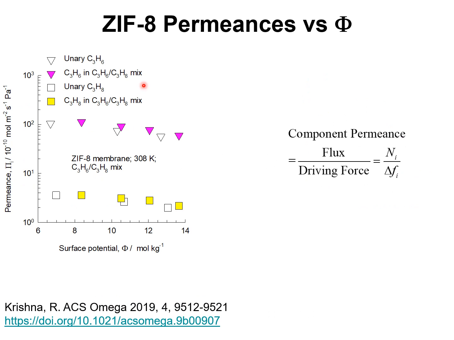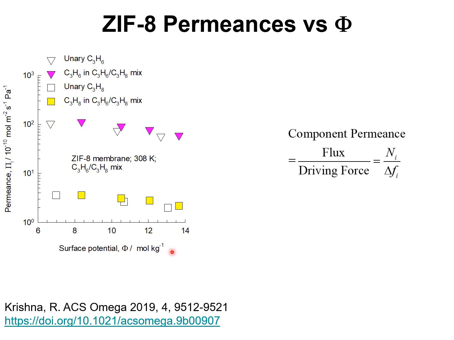The component permeances of propene and propane in a ZIF-8 membrane are plotted in this figure. The permeances in the mixture, indicated by the filled symbols, are practically the same as the unary permeances compared at the same surface potential.